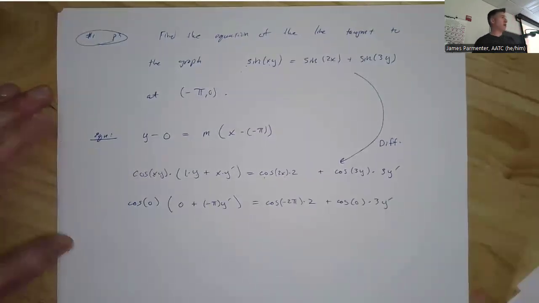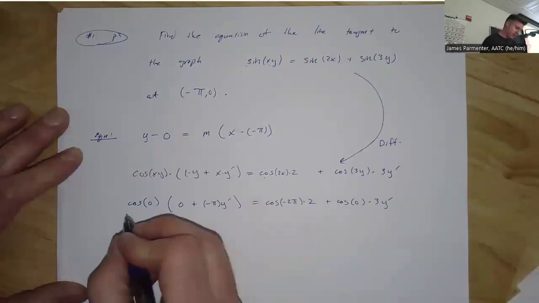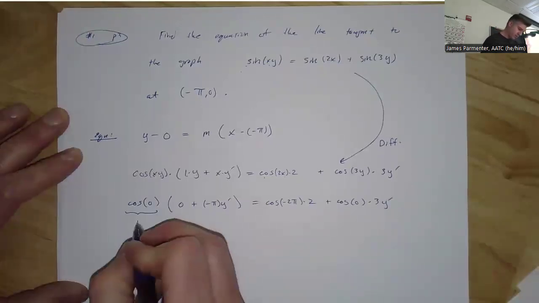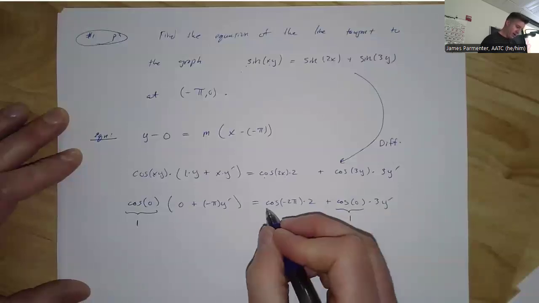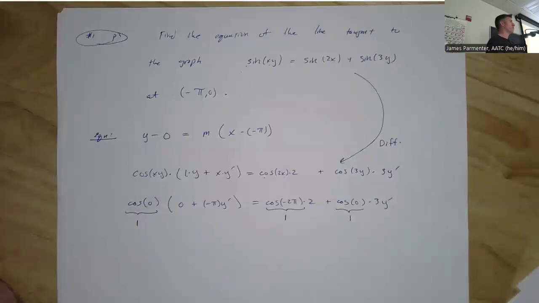Okay, you definitely need to know cosine and sine of 0. Cosine of 0 is 1. Cosine of negative 2 pi is also 1, right, because negative 2 pi is just one full revolution back to the starting place on the unit circle.